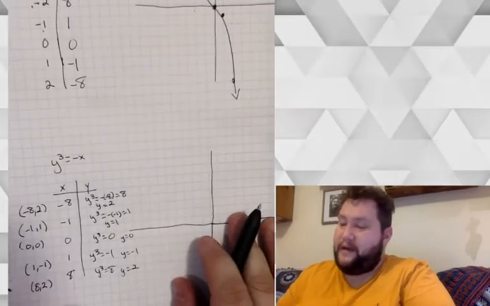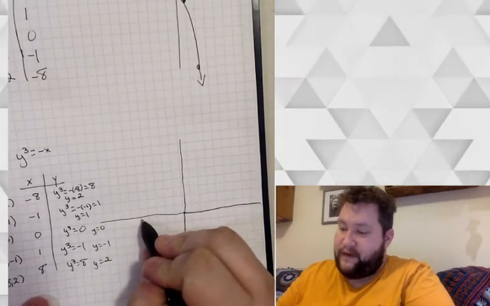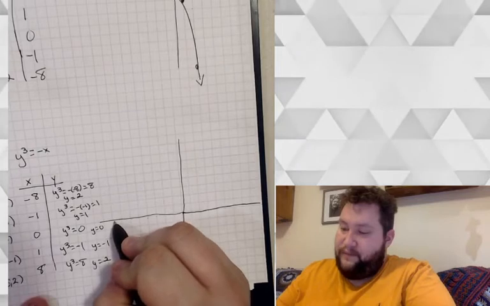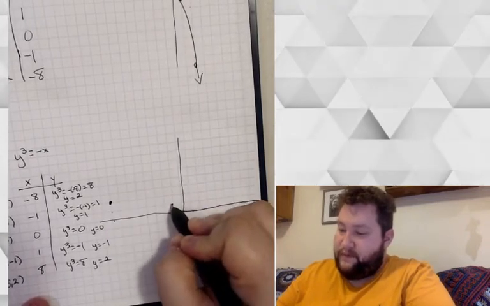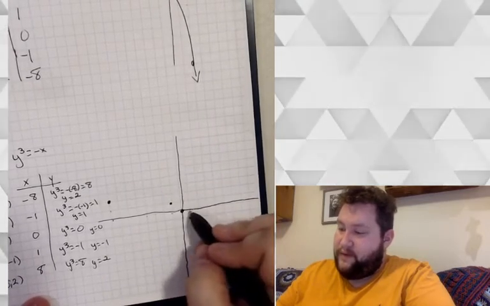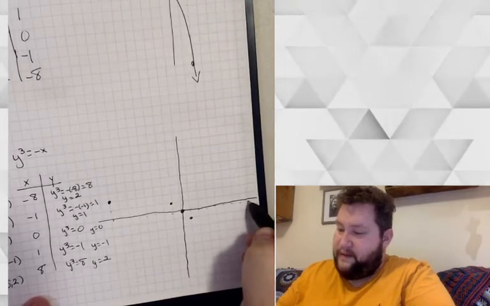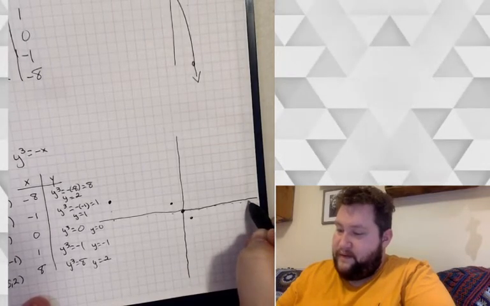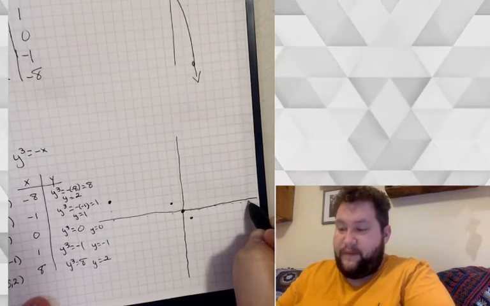But to plot it now, I have to go left 8, 1, 2, 3, 4, 5, 6, 7, 8, up 2, left 1, up 1, 0, 0, right 1, down 1, and then right 8, 1, 2, 3, 4, 5, 6, 7, 8. And then where do I go? Up or down 2? We missed something, didn't we?